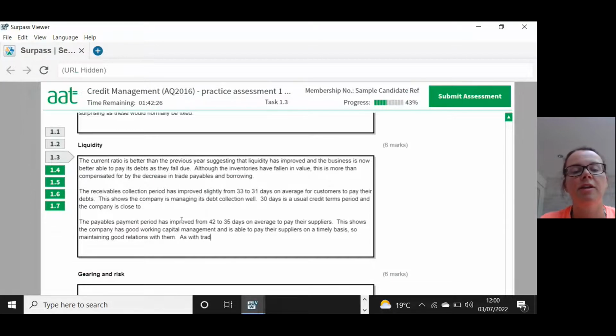As with trade receivables, 30 days is a usual credit terms period, and they are now close to this timescale, like that.